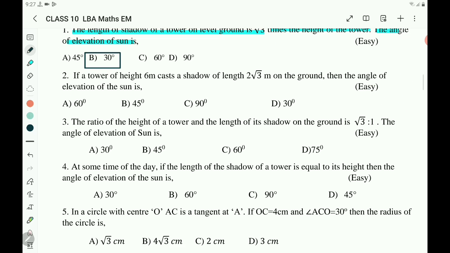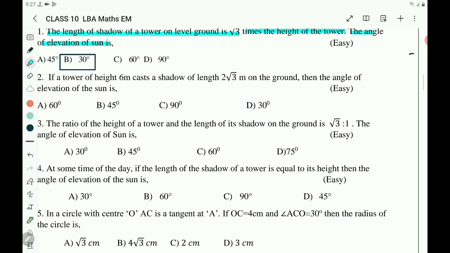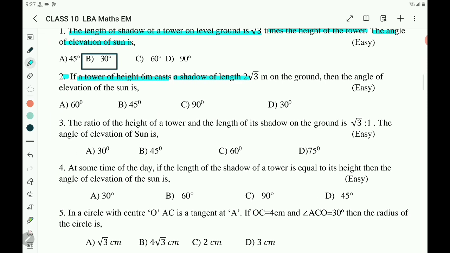Next, take question number 2. If a tower of height 6 meters casts a shadow of length 2 root 3 meters on the ground, then the angle of elevation of the sun is. Here the height of the tower is given and also the length of the shadow is given.